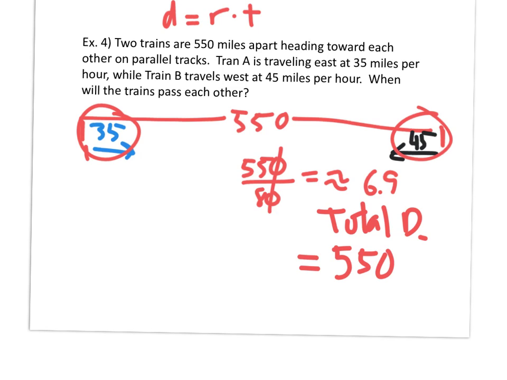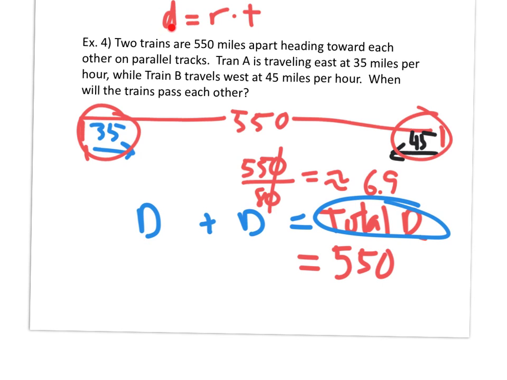So, in other words, I want to put the distance plus the distance equals the total distance. So what is the distance of this train, this blue train? It's rate times time. The rate is 35 miles per hour. So I want to put 35.